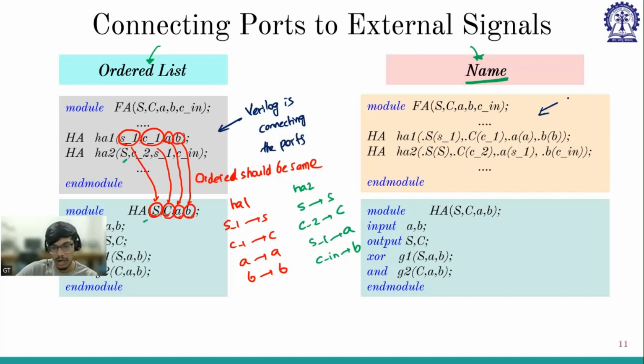Here we are specifying the connections, which port should be connected to which port. If you see outside, it is like dot x of y. So this y is the local variable, and this x is the variable in that module.